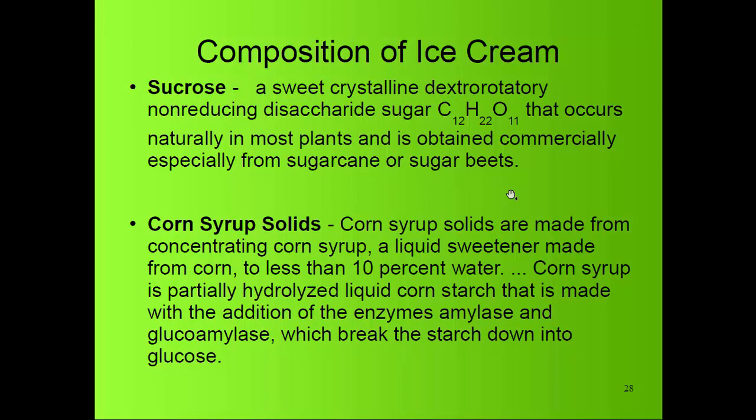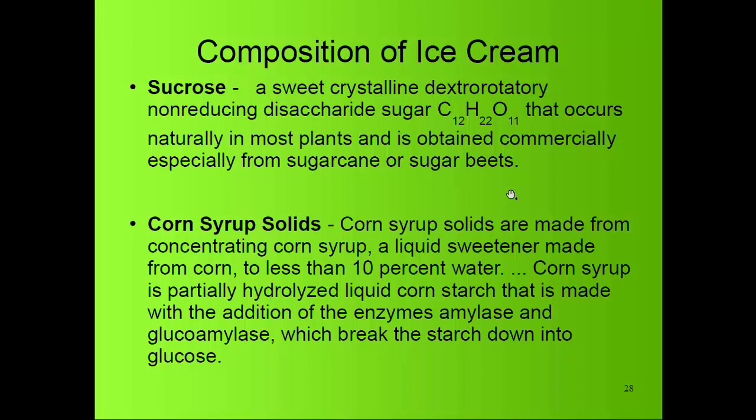We also want to make the ice cream sweet. So lactose, the milk sugar, is in milk and helps to make it sweet. But we also have sucrose, a sweet, crystalline, dextrorotatory, non-reducing disaccharide sugar containing 12 carbon atoms, 22 hydrogen atoms, and 11 oxygen atoms.